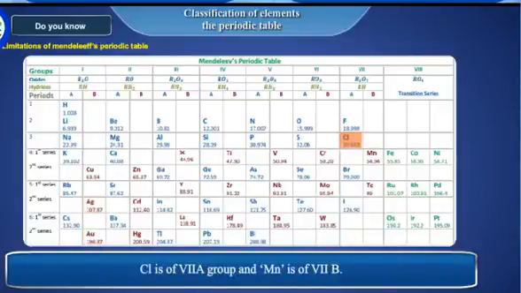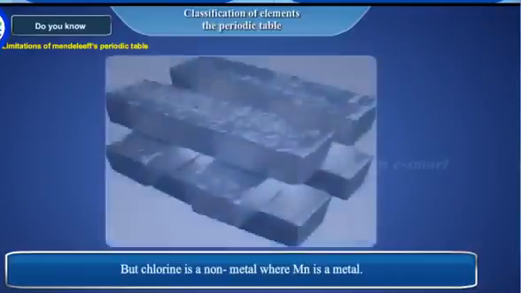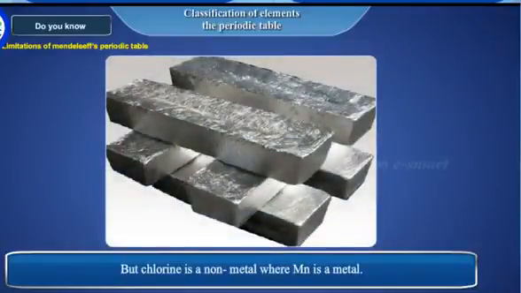Cl is of 7A group and Mn is of 7B, but chlorine is a non-metal whereas Mn is a metal.